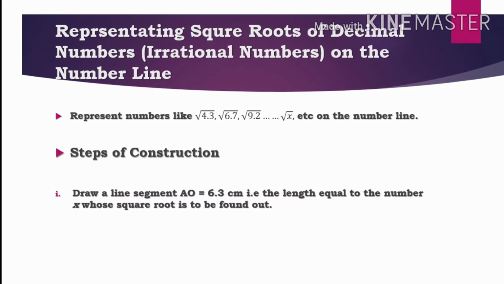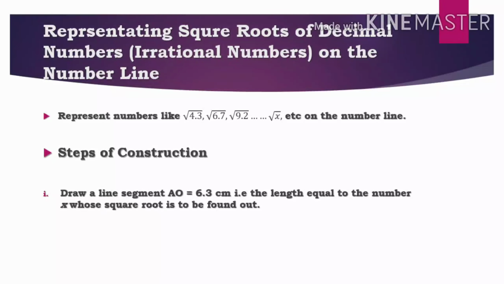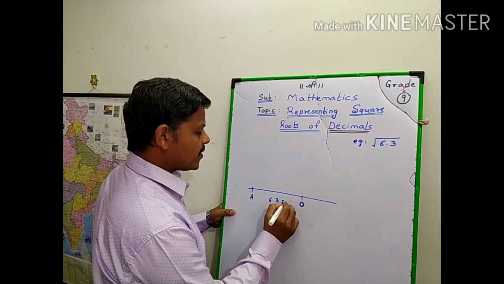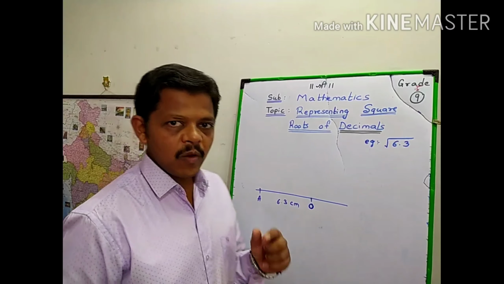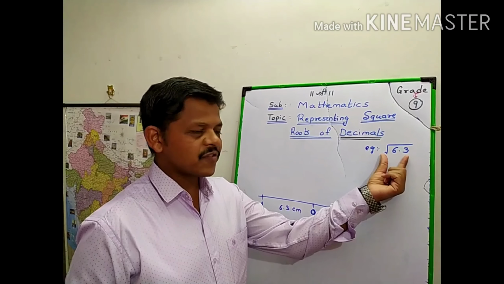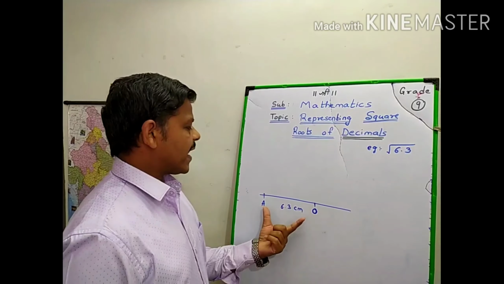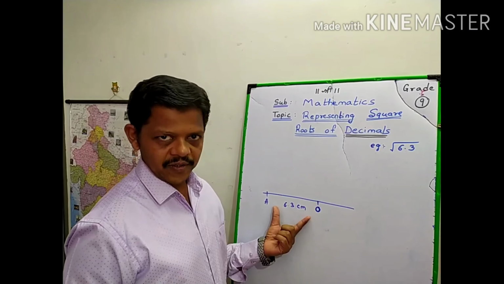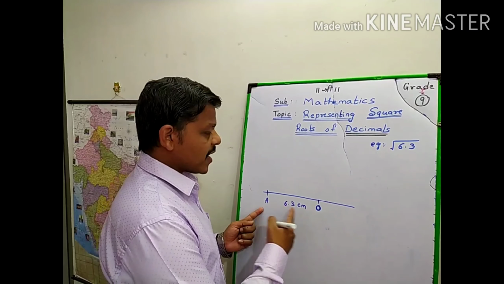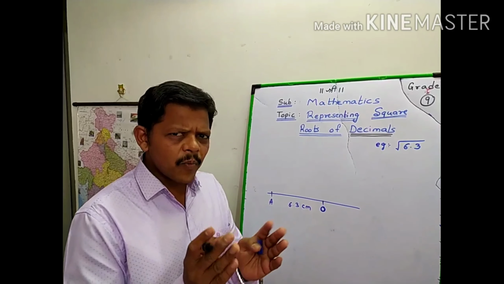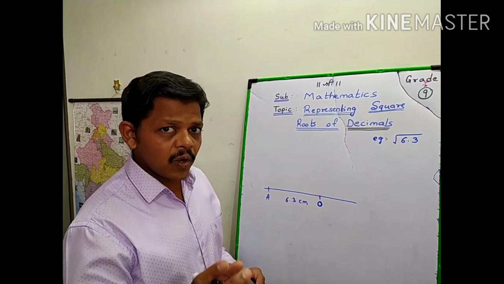That segment would be named AO, as you can see on the screen, which is of the length 6.3 cm. See children, we want to find the square root of 6.3. So we'll take a length of 6.3 centimeters, right? That becomes AO.